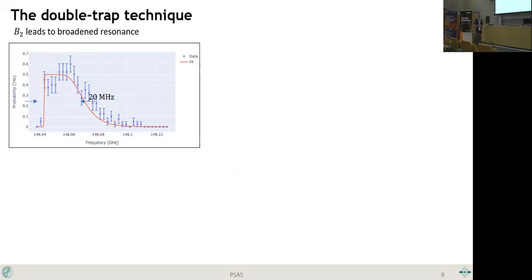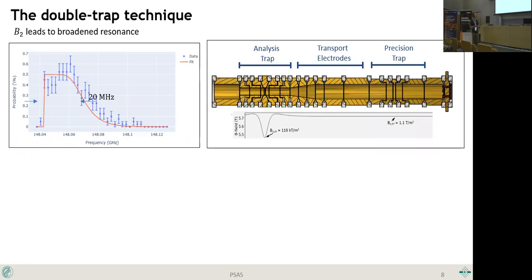Okay. So now I will explain the measurement scheme. Because of this B2 term, you get a broadened resonance, and that is why you use 2 traps to do the full measurement. You can see here, this is how a measurement would look like if you would do it completely in the analysis trap. So you use 2 traps and transport between the traps.